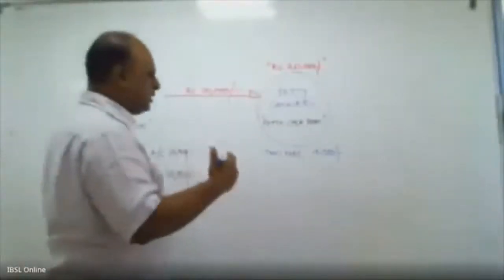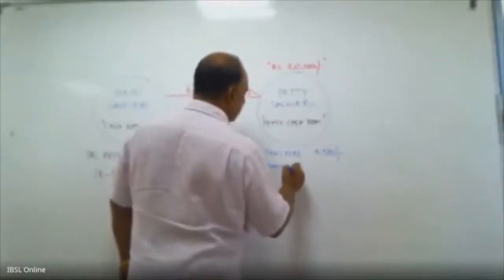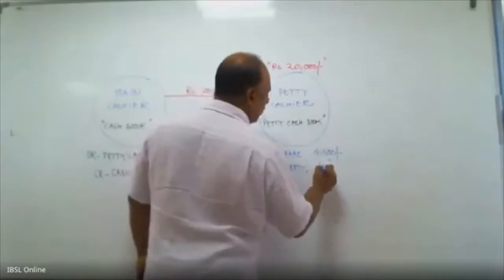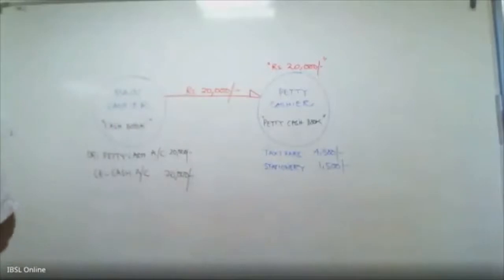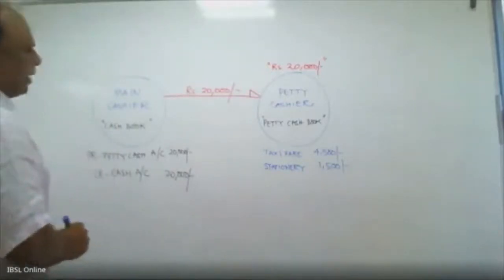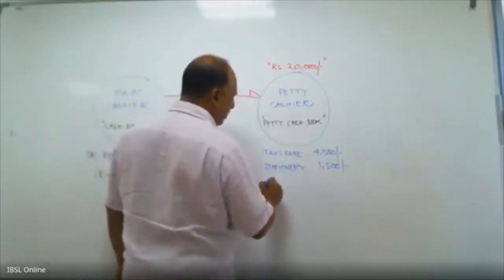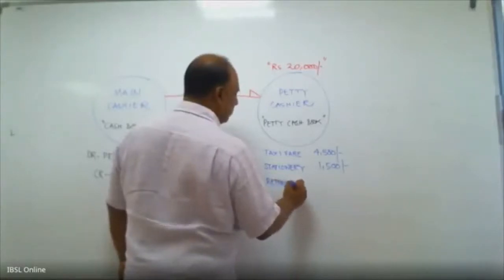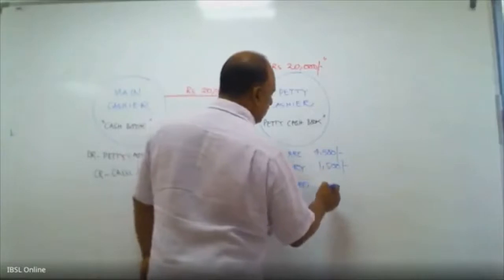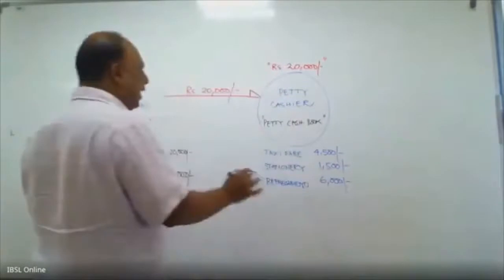Then you have also purchased some stationery, which is about 1,500. And let's also assume that you have taken some refreshments for meetings, about another 6,000. So this is for the entire month.